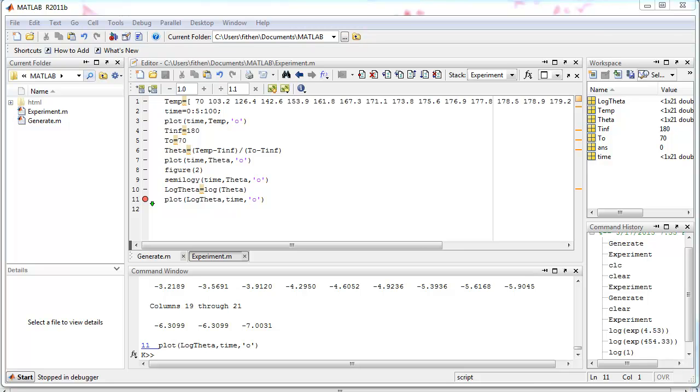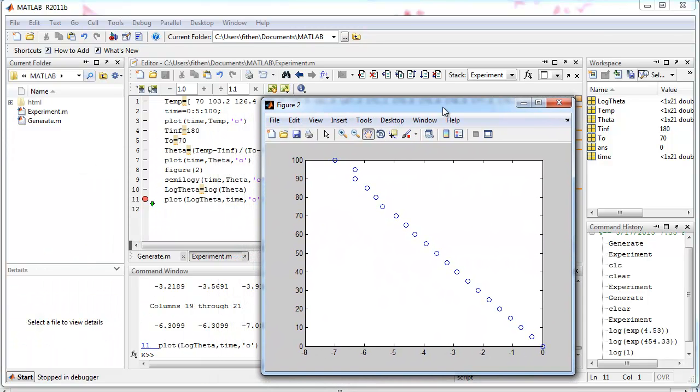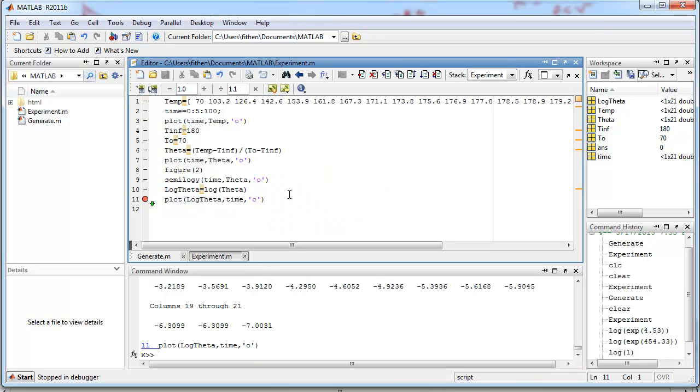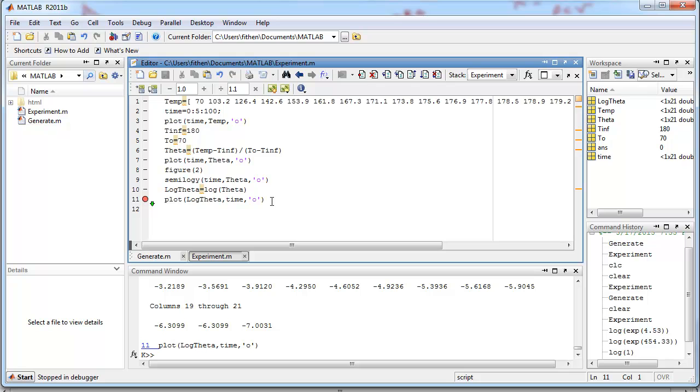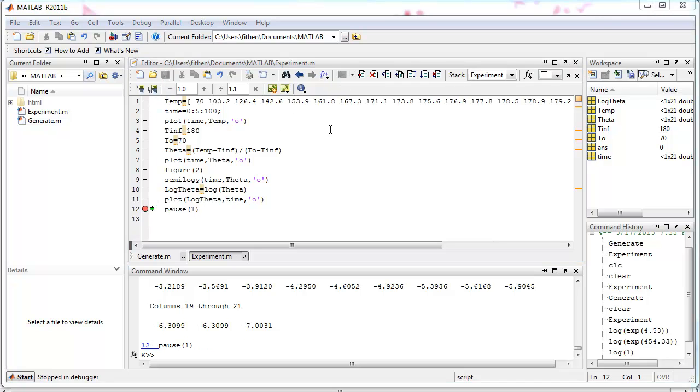I believe I end up with something along, wait a minute, that's not it. Let me try that again. I will run it. Here's what I'm going to do. Just put a pause there so I can breakpoint that, save it, and then I'm going to run it again.